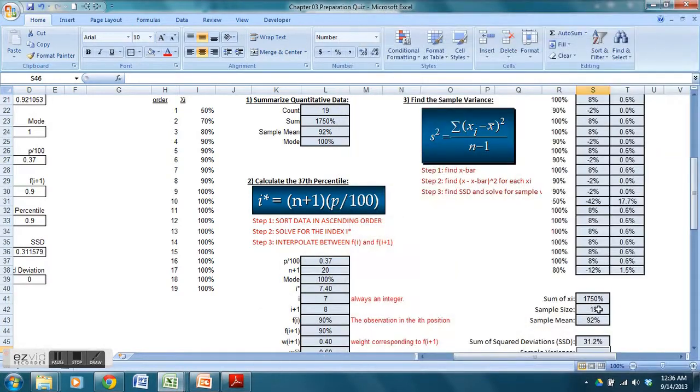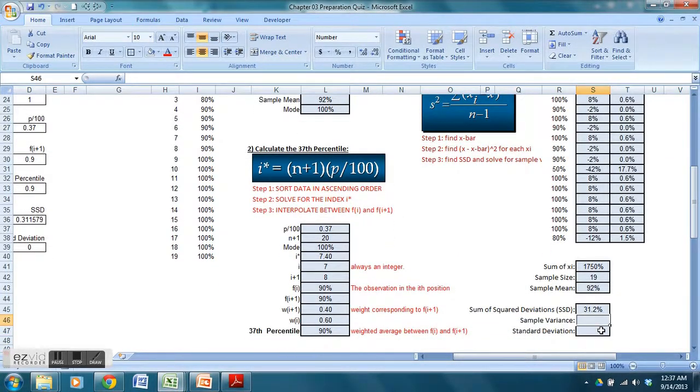So it's going to equal SSD divided by, parentheses are important under the dividing sign, n minus 1. There's our sample variance. And it can be in decimal form or percent form. Does not matter.